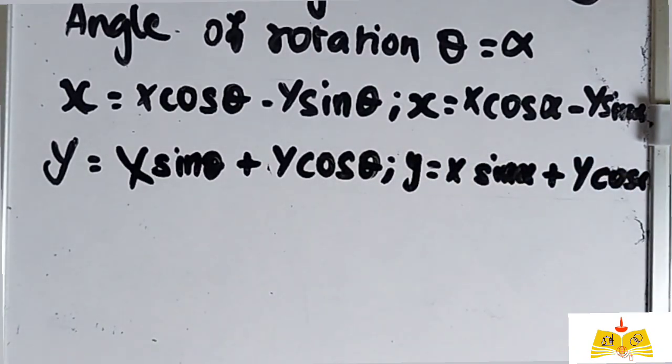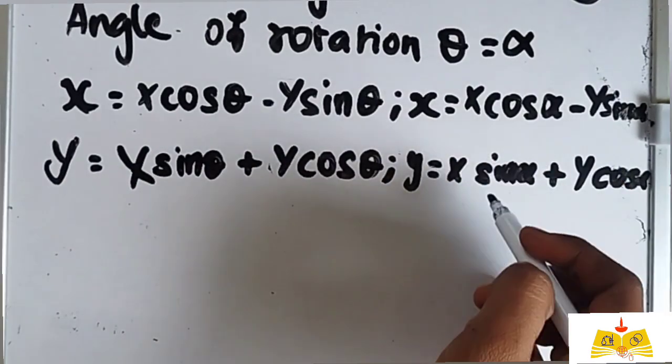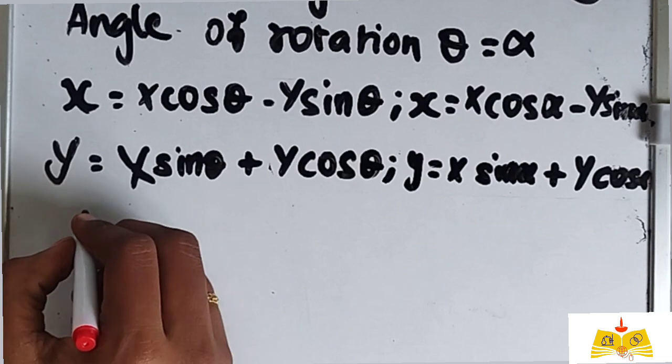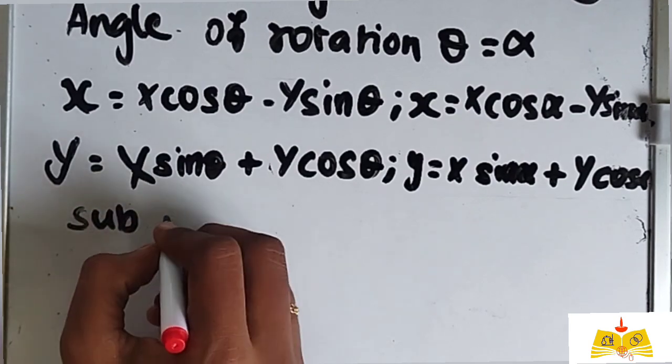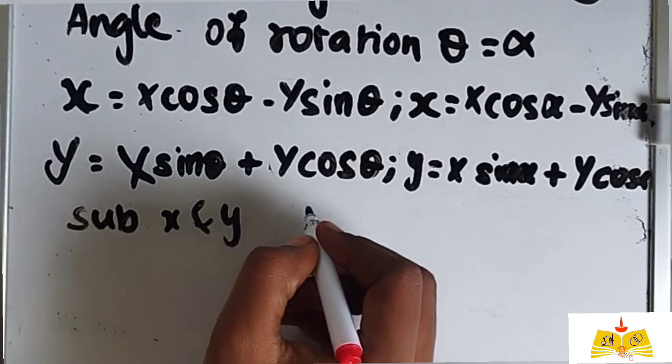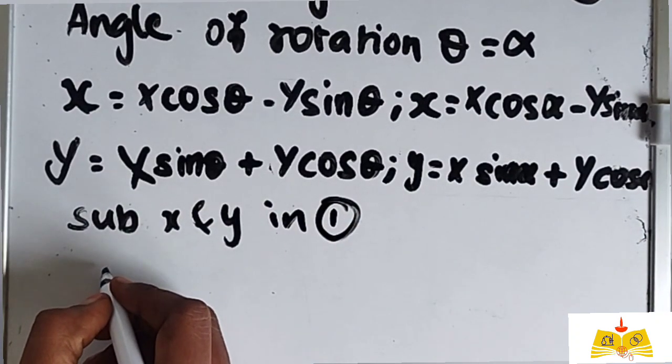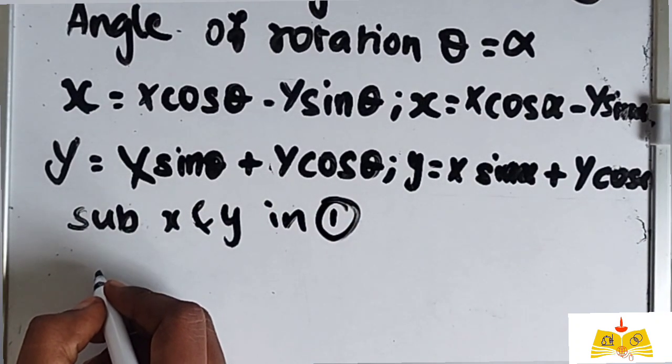Clear. So now we are going to substitute these x and y values in 1. What we had in the equation is x cos alpha.